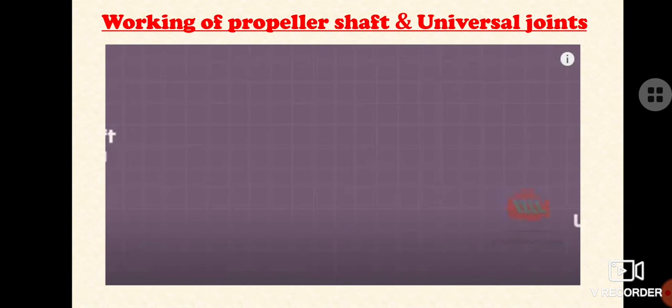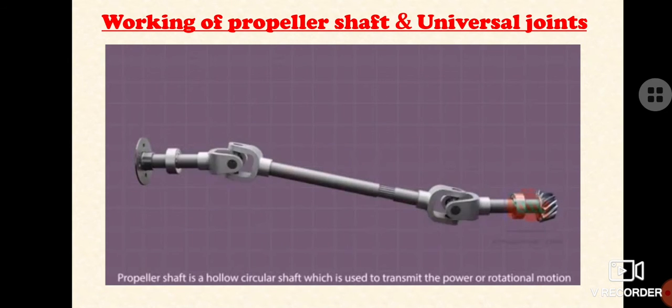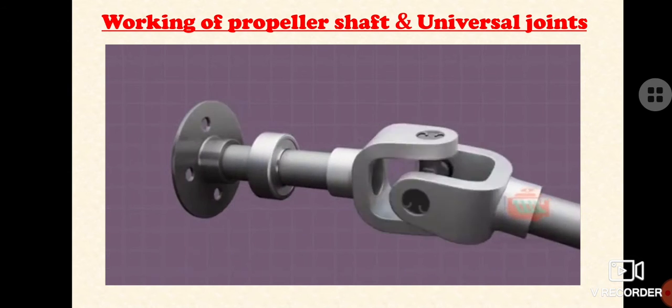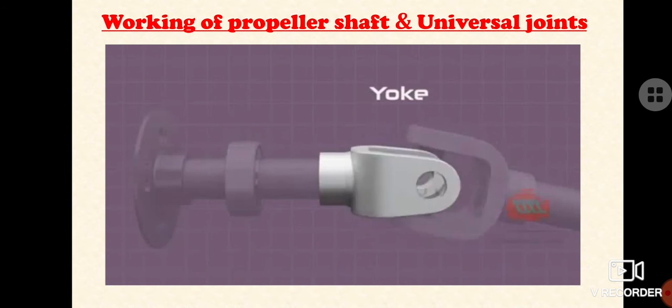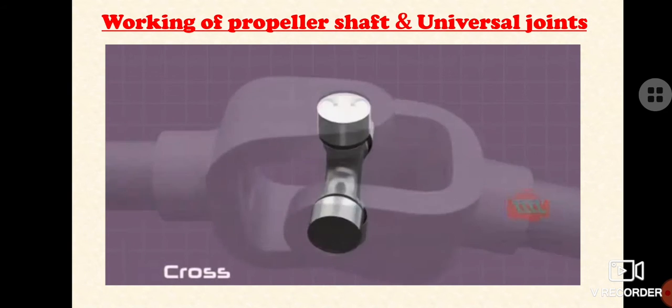So in this video I will show how propeller shaft and universal joints work. This is the input shaft which is connected with the driving system with the help of yoke, universal joints.